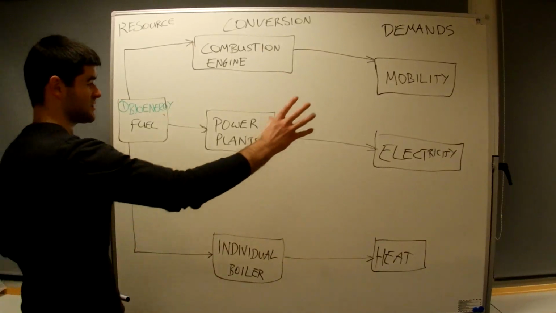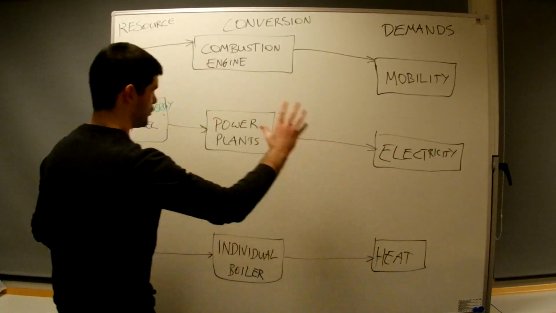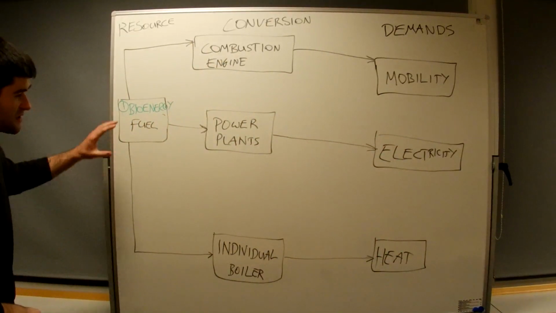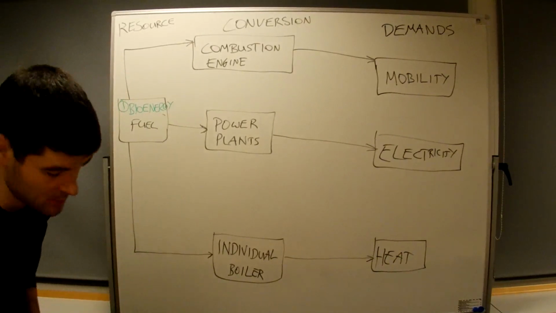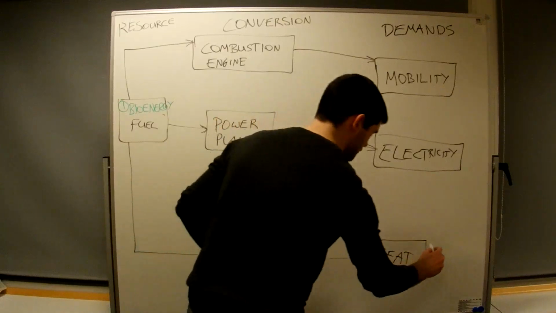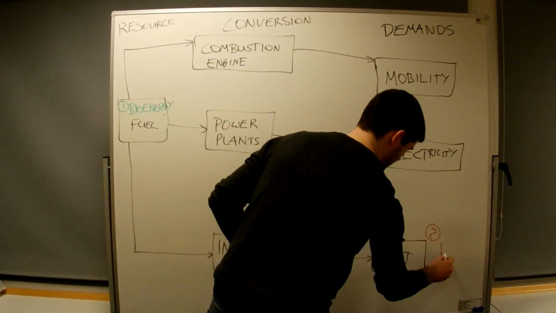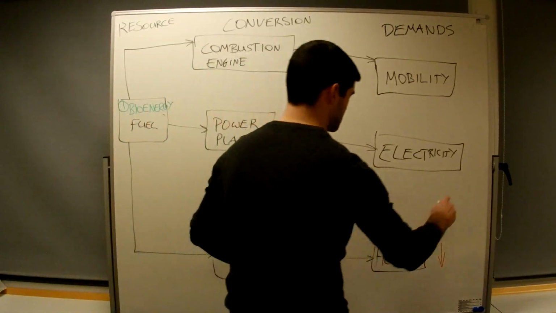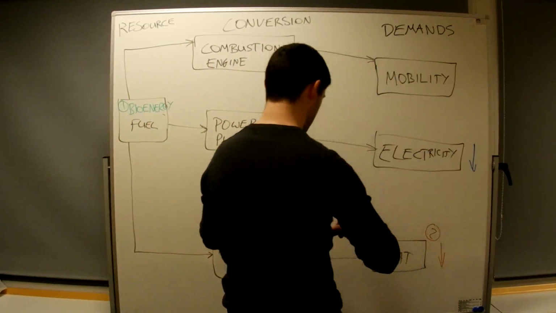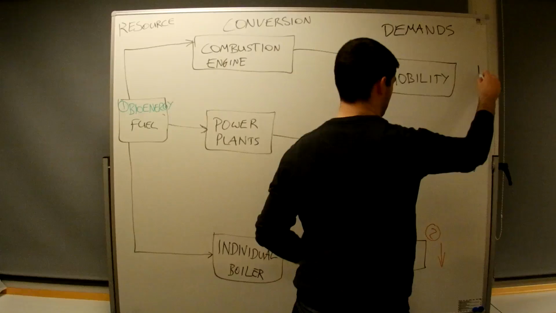So there's definitely potential here to reduce the demands, but definitely not enough to still have a sustainable amount of bioenergy that we need. So let's say step number 2 is reductions. So we're going to have reductions in heat, we're going to have reductions in electricity, and we're going to have reductions in mobility.